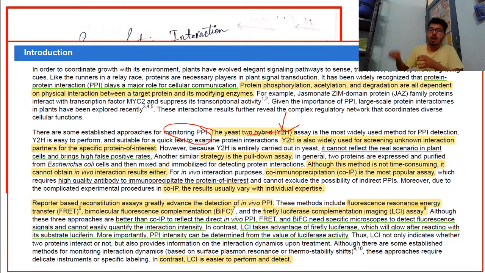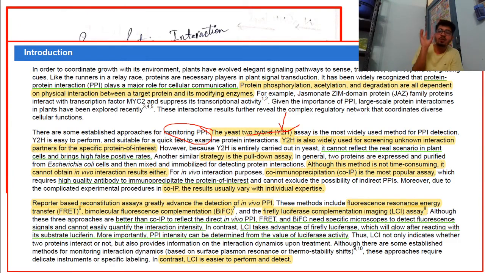In vivo, you are localizing into a particular system. In vivo study is more prominent in comparison to in vitro studies. Why? Because if you are showing it inside the cell, you are showing it into the system, into the model, whatever you are using, whether it is plant or animal.